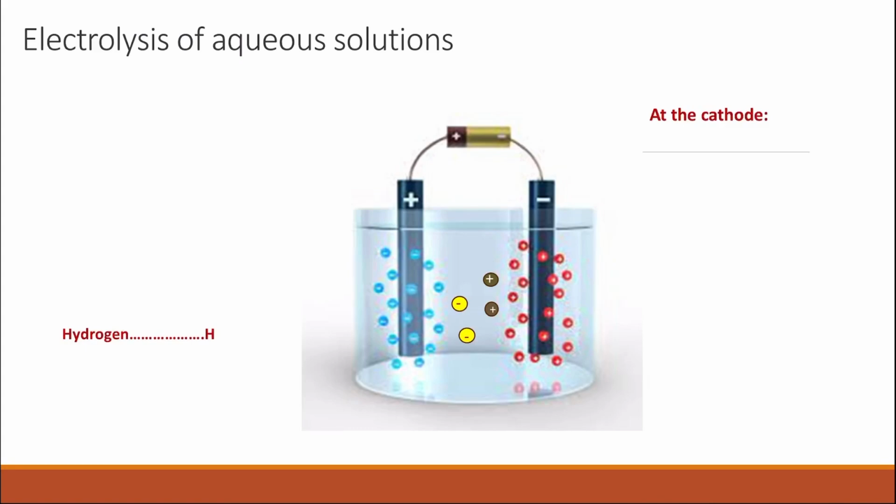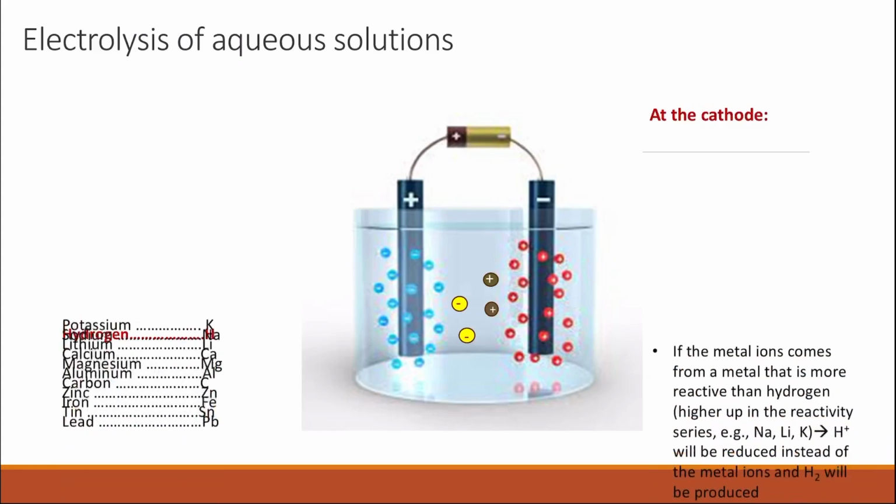So the cathode is the negatively charged electrode, and there will be two positively charged ions. The first one is the hydrogen from the water. The second one is the metal ion from the dissolved salt.